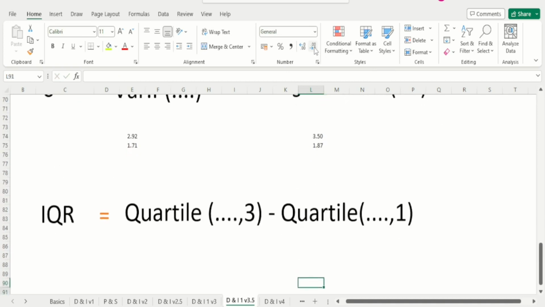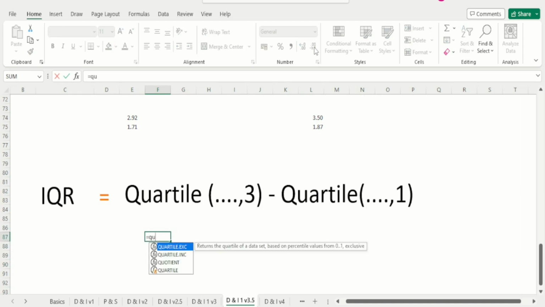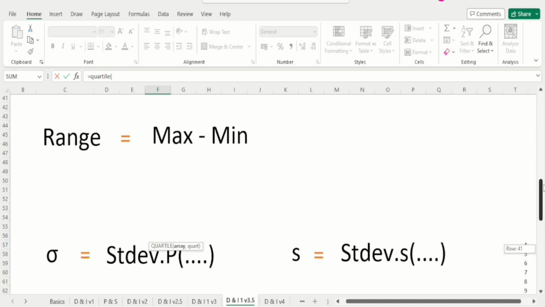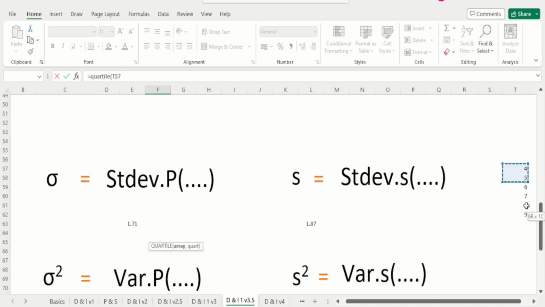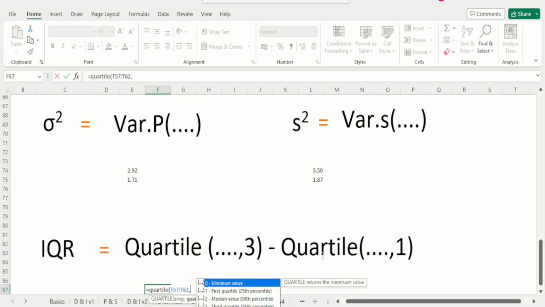Okay. Finally, interquartile range, right? So interquartile range, remember, is going to be a very simple thing. You basically just do quartile, select the data set. Let's say we do it on the same data set right here. You select the data set, and then right after that you specify that you want the third quartile.